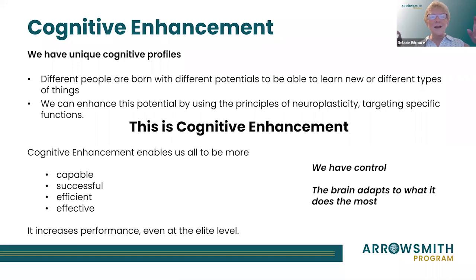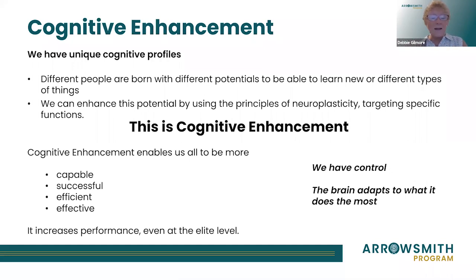So fantastic. So what we can do is enhance our capacity. So we can enhance our potential of learning, of undertaking new things, of enhancing things that we already can do by specifically targeting those cognitive functions.